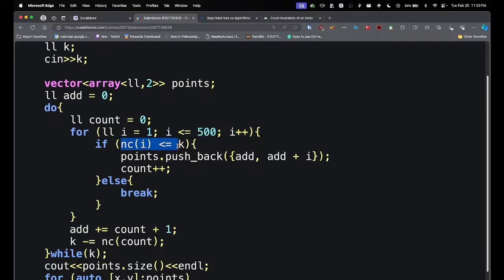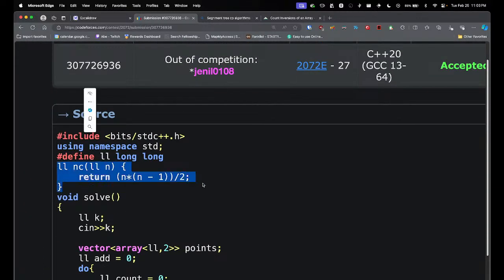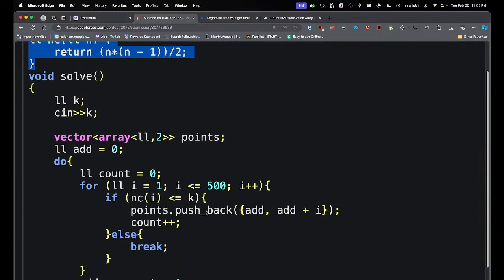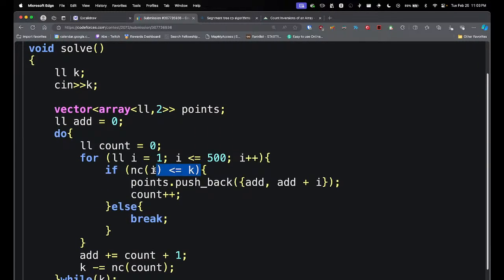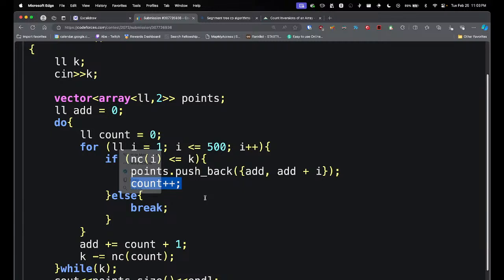I made a function n into n minus 1 by 2. If NCI is less than or equal to k, I push back add and add plus I, and I increase my count, or else I break.